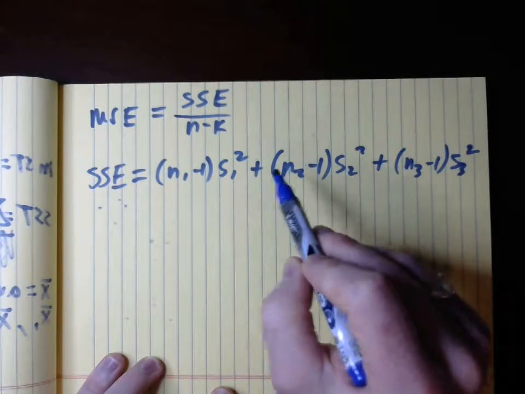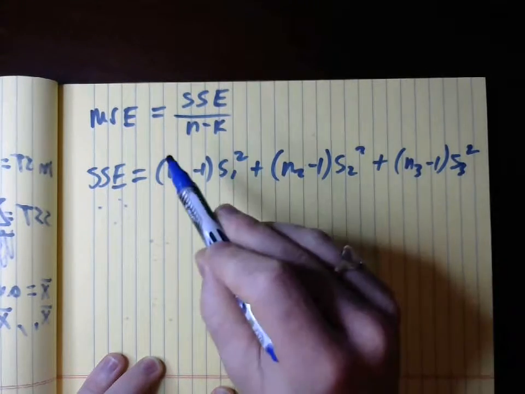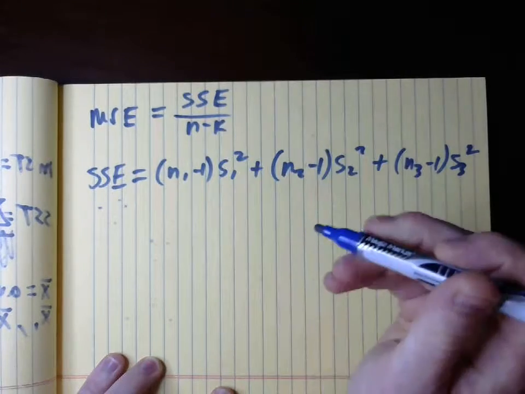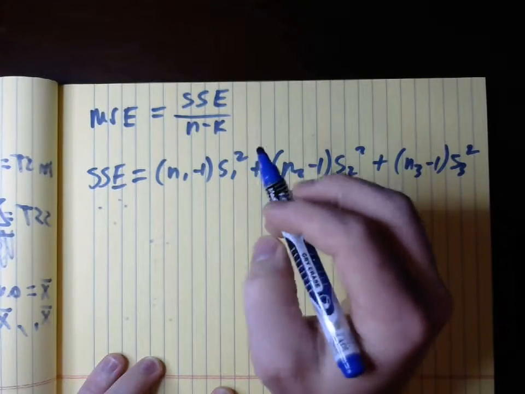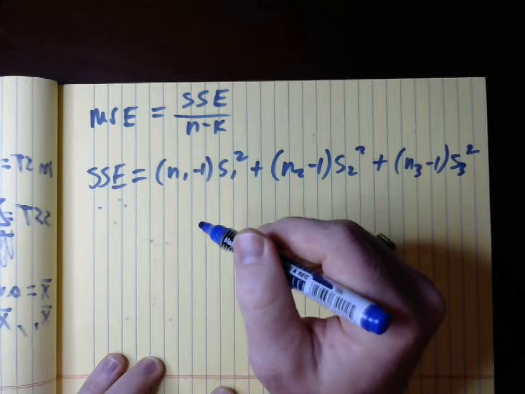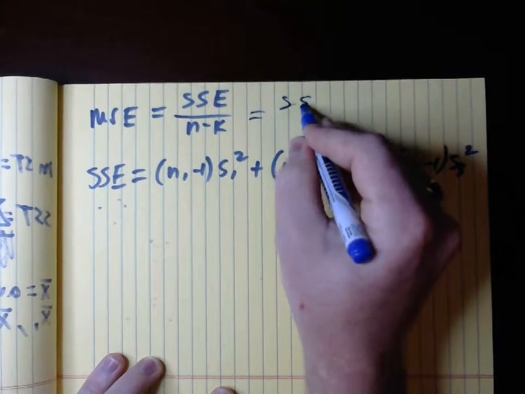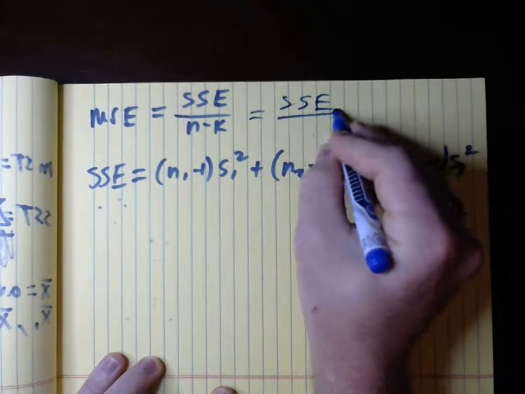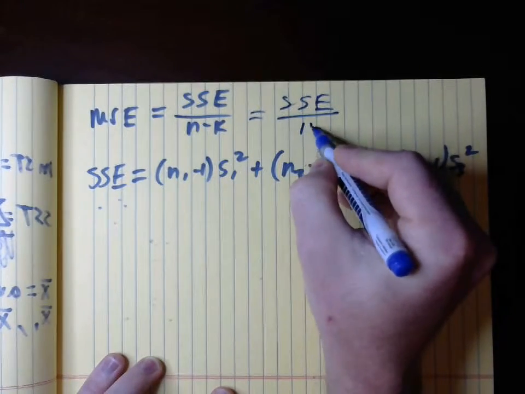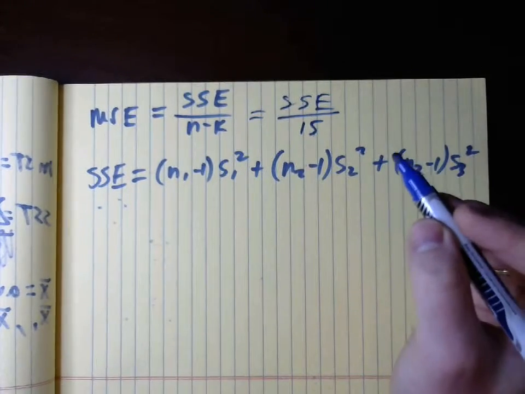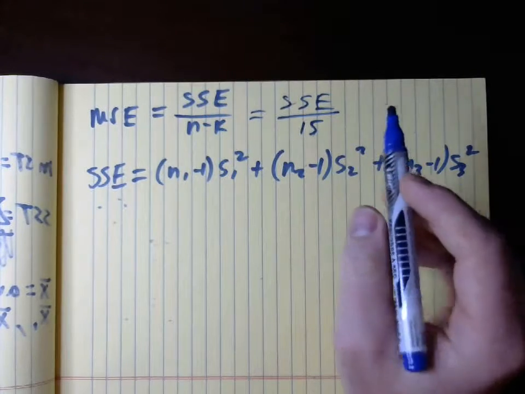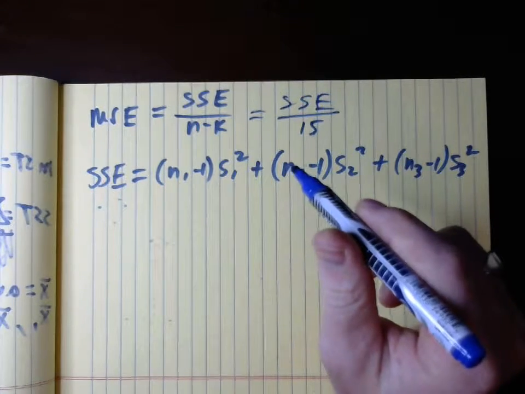And so this would be your equation for the SSE, okay? And the n minus k, once again, is 18 minus 3. So this would equal whatever the SSE is divided by 15, in this specific example we're dealing with.